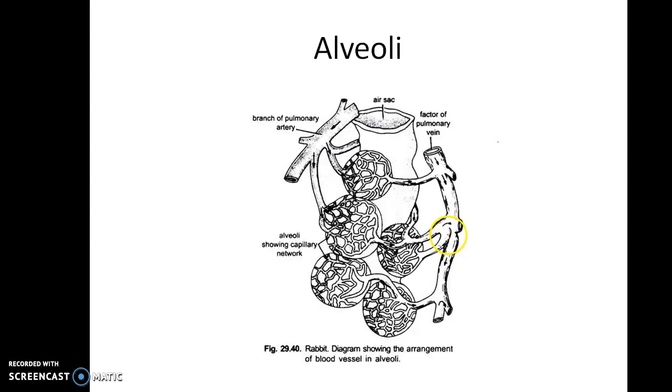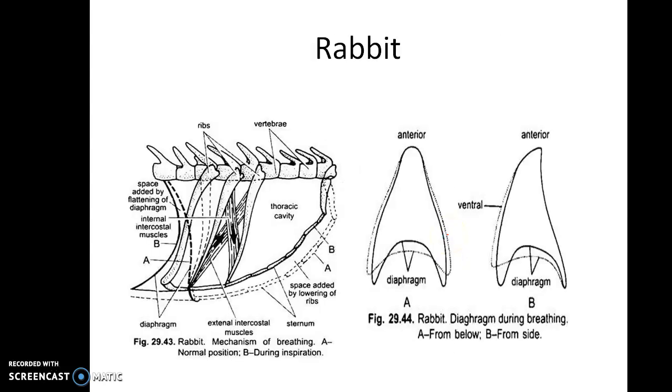The mechanism of breathing. The lungs are enclosed in airtight pleural chambers in the thoracic cavity. So any change in the volume of the thoracic and pleural cavity causes a change in the lungs. When the thoracic cavity expands, the pleural cavity will enlarge and the lungs will dilate.